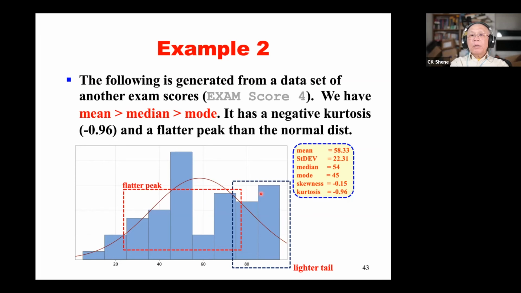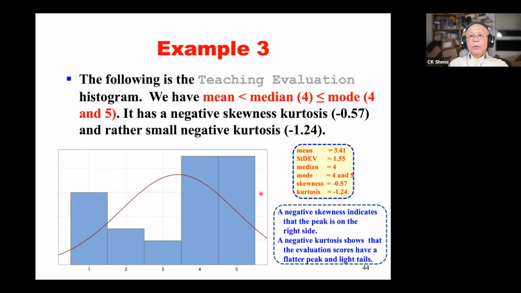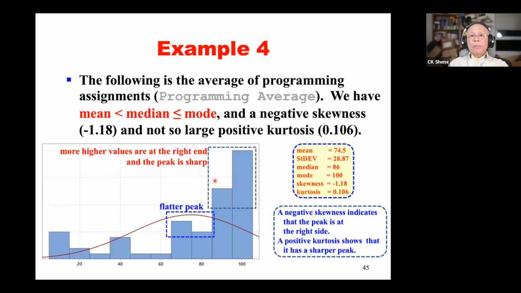No, probably not. Example 3, teaching evaluation again. We saw skewness this and kurtosis negative 1.24. This is rather high. It means the right tail is very high. So this negative kurtosis shows that the evaluation score has a flatter peak and a lighter tail. Again, programming score, we have a skewness negative 1.18.